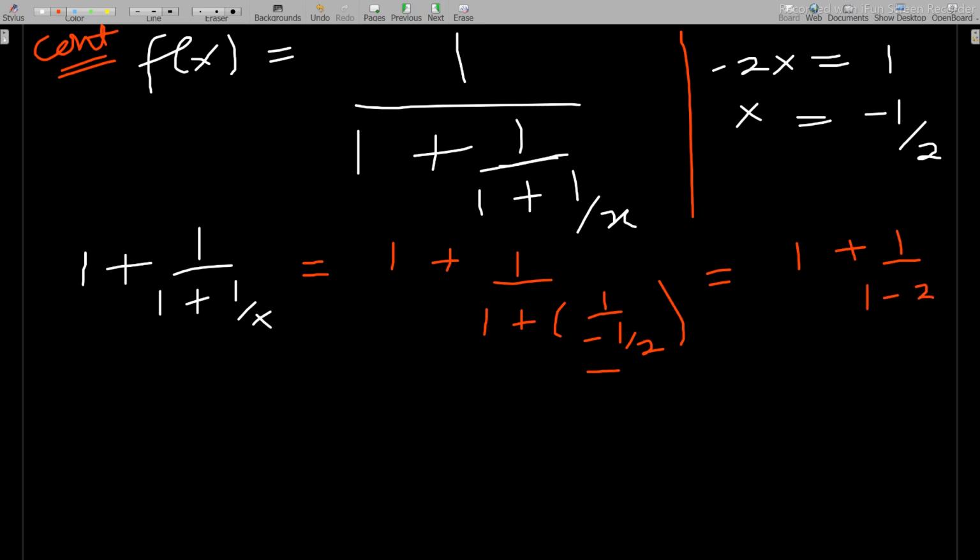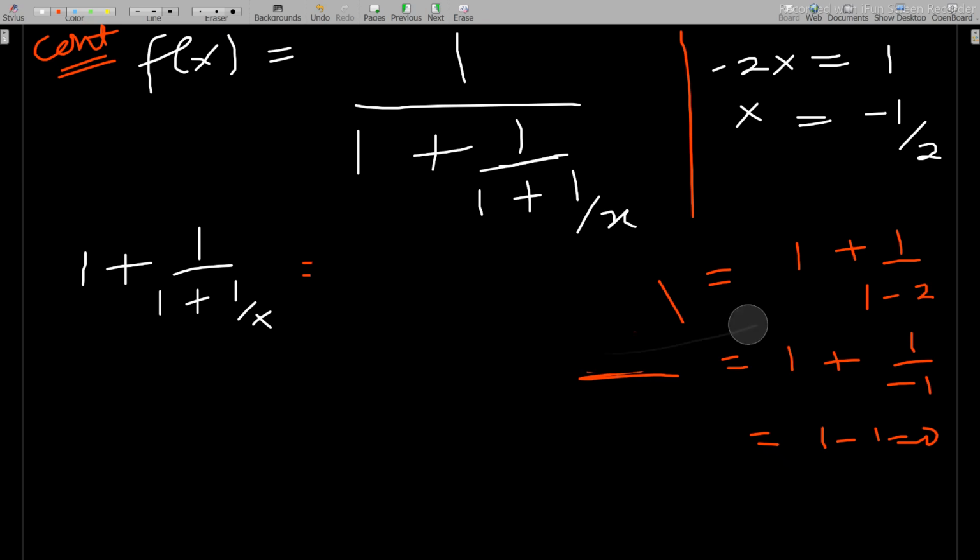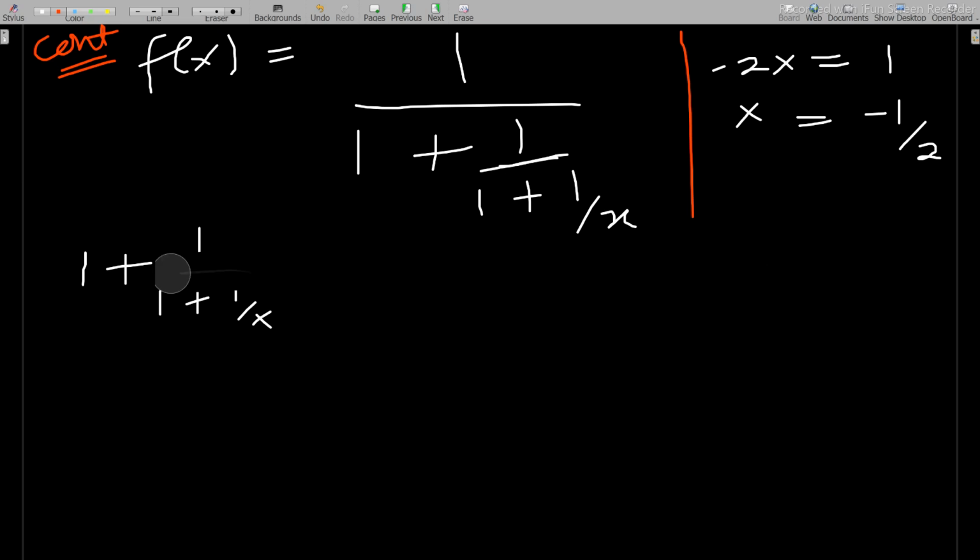So we have 1 plus 1 over negative 1, and this will be 1 minus 1, which is 0. So when x is equal to negative half, the whole of the denominator will also be equal to 0. So simply, x shouldn't be equal to negative half, otherwise we'll get 0. So x should not be equal to negative half.